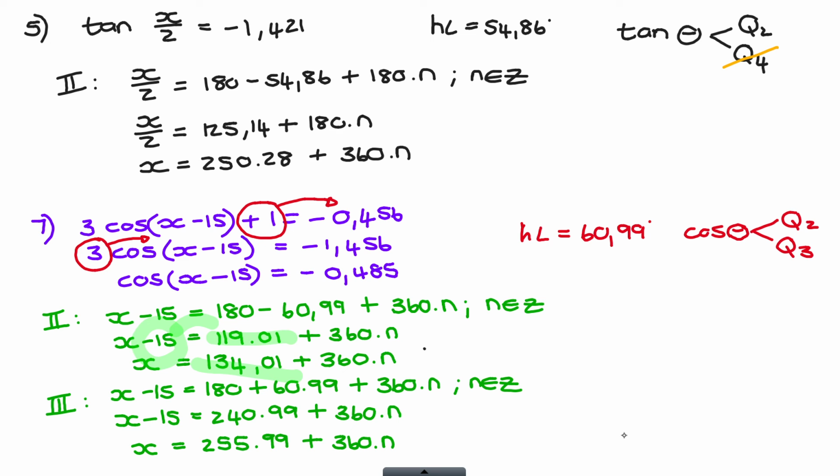134,01. Okay, and then the last one, quadrant 3, gaan ek sê x minus 15 in quadrant 3. Quadrant 3 is always 180 plus my help angle plus 360 times n element of integers.